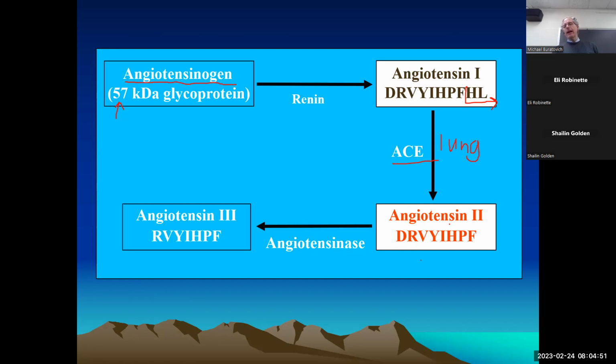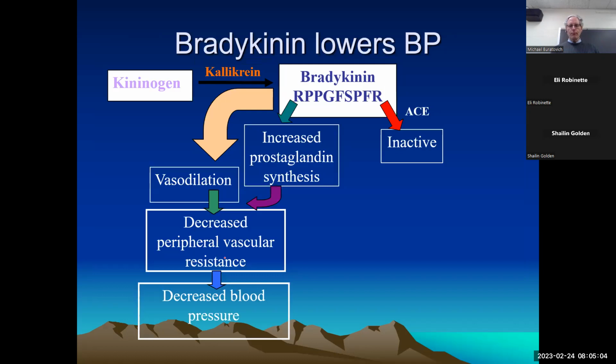Angiotensin 2 does not have an indefinite half-life. It's degraded by angiotensinase to angiotensin 3, which has no function. The angiotensin converting enzyme also inactivates the vasodilator bradykinin. Consequently, angiotensin converting enzyme is a target for antihypertensive drugs.